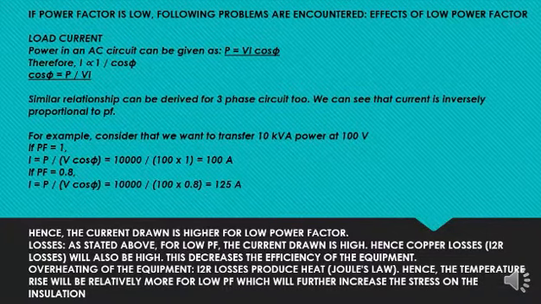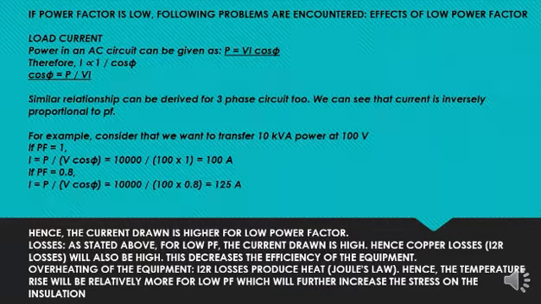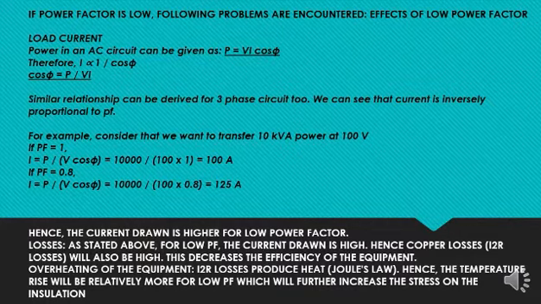So the resulting current is 100 ampere. If the PF is equal to 0.8, I is equal to P over V cos theta. So it's equal to 10,000 volt-amperes over 100 times 0.8, and the resulting current is 125 ampere.